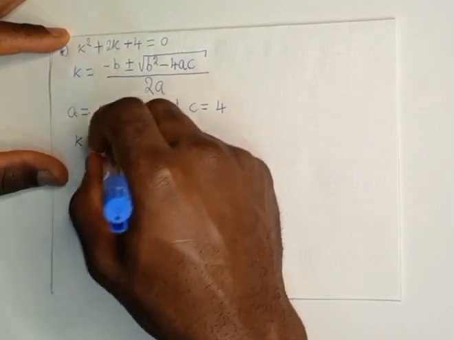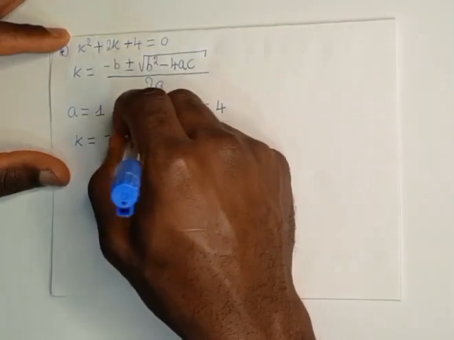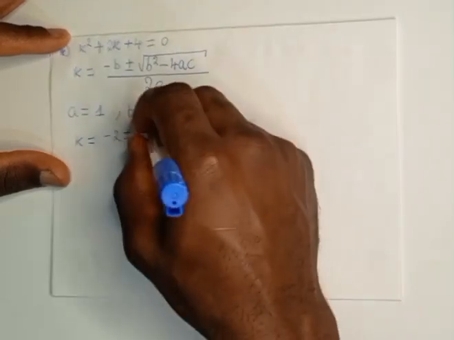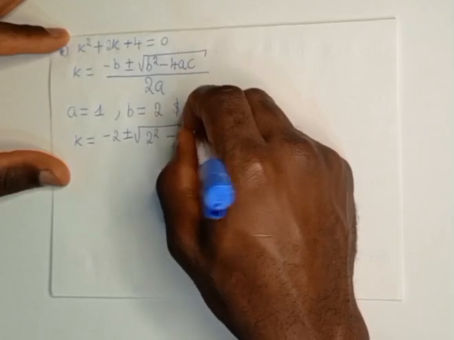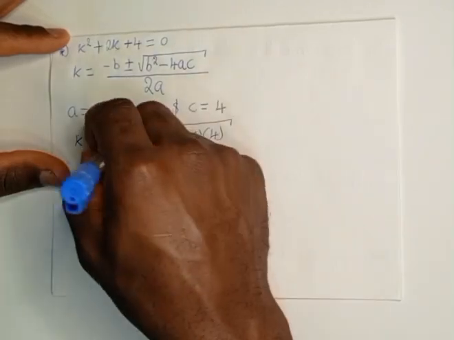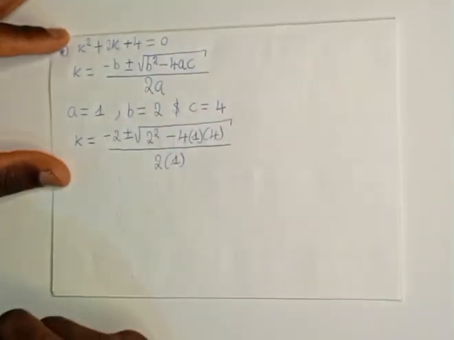This will give us k equal to negative b, negative 2, plus or minus the square root of b squared, 2 squared, minus 4 times a, 4 times 1 times c, which is 4. We divide by 2 times 1.